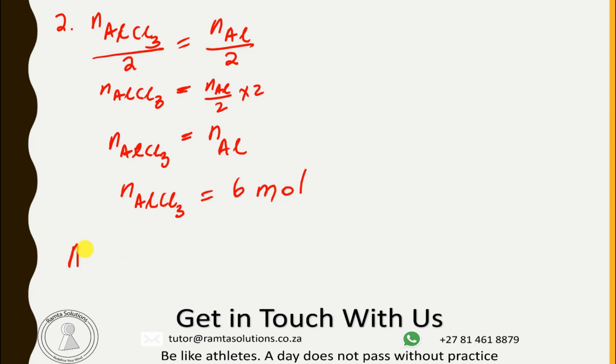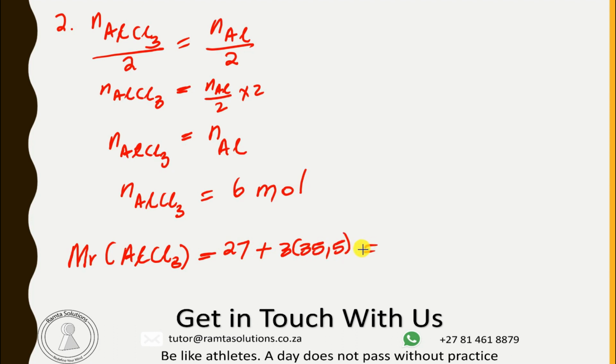Now let's look for the Mr of aluminum trichloride. What is it? Aluminum has molar mass 27 plus chlorine 3 times 35.5. I remember 35.5.